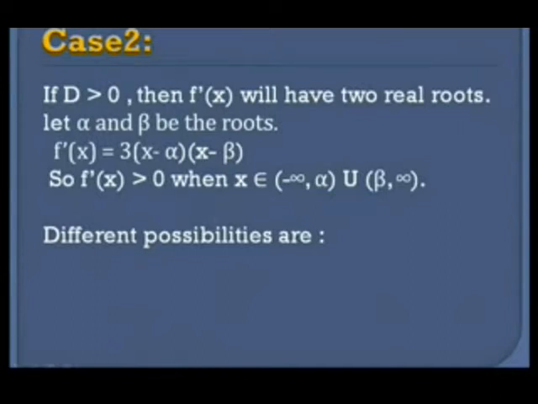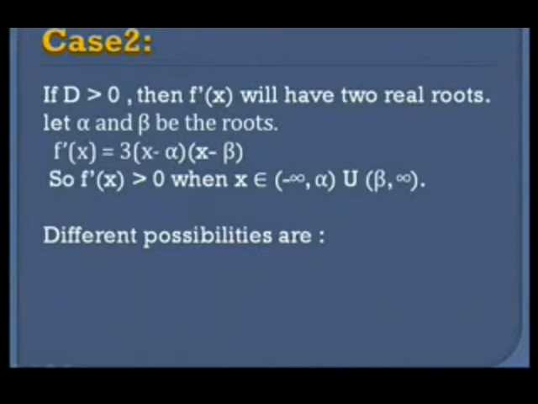So f'(x) would be greater than 0 when x lies in the interval (−infinity, alpha) ∪ (beta, infinity), and when x lies in the interval (alpha, beta), then f'(x) is less than 0. And so f(x) is an increasing function in the interval (−infinity, alpha) ∪ (beta, infinity), and is a decreasing function in the interval (alpha, beta).